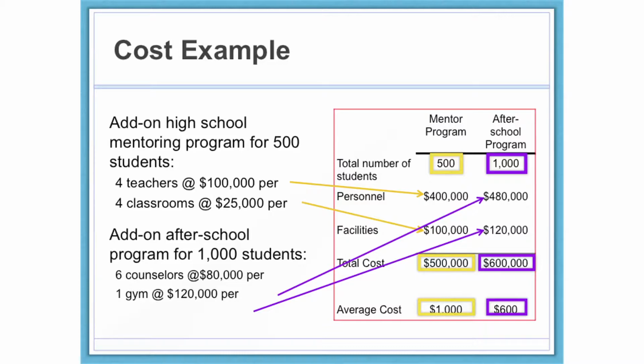And we need 4 classrooms, and each classroom is $25,000. So we just report that in a simple table. And then we add it up. I know. I teach this at graduate school as well, across the road. It's supposed to be that simple.